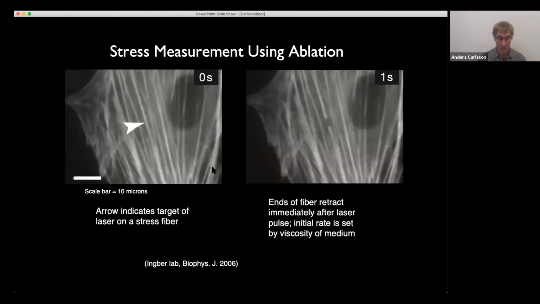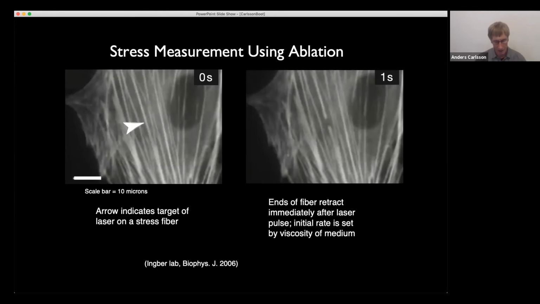Okay, another way we can measure stress directly is to use laser ablation. So look at this filament here, and now step to the right. Notice that a gap has developed, and this is because a laser beam blasted that fiber and broke it. Okay, so what you see now is it initially starts to pull apart, and that means that that fiber was under tension originally.